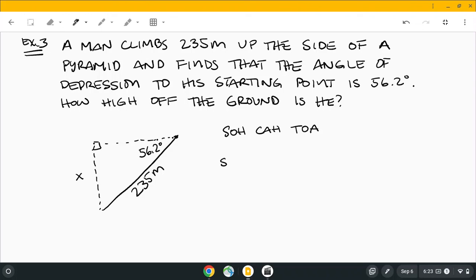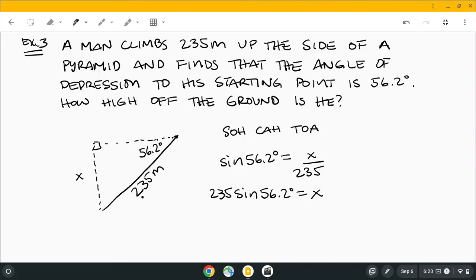So sine of 56.2 degrees equals opposite over hypotenuse. Solving for x, let's multiply both sides by 235. Punching that into your calculator.